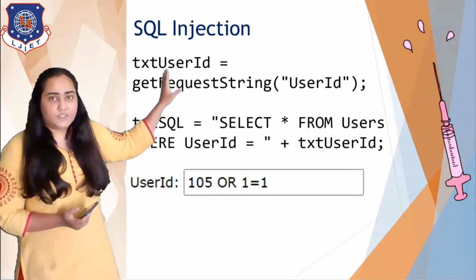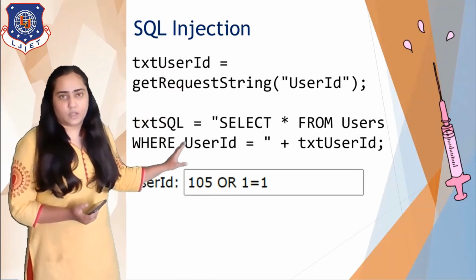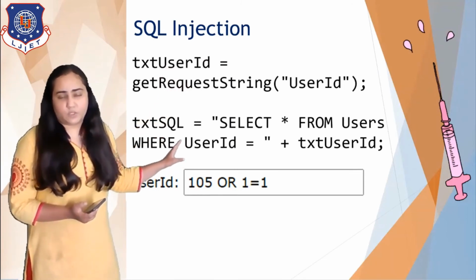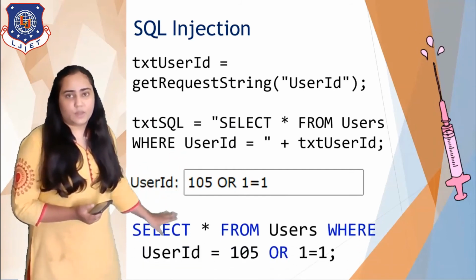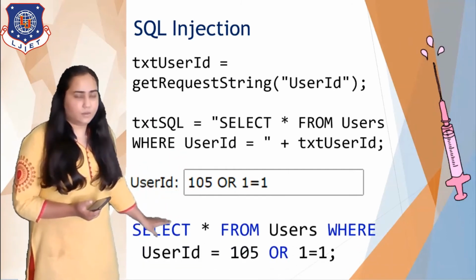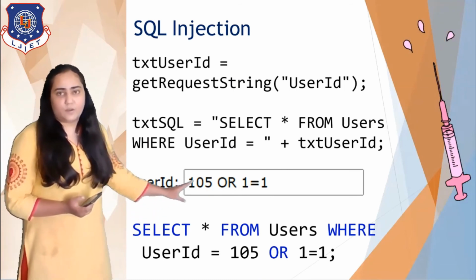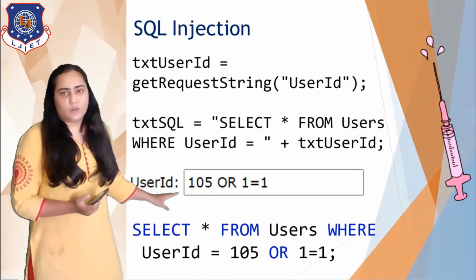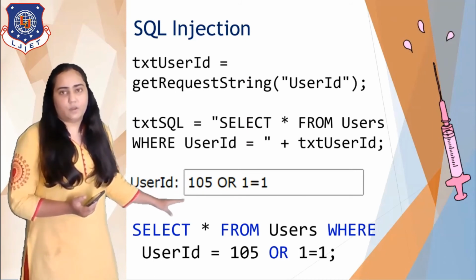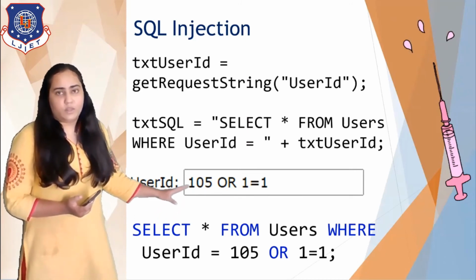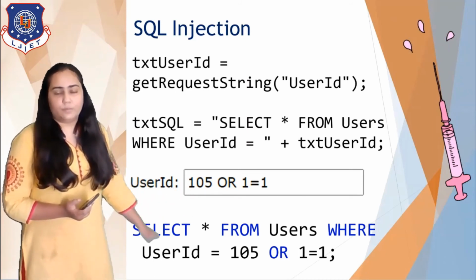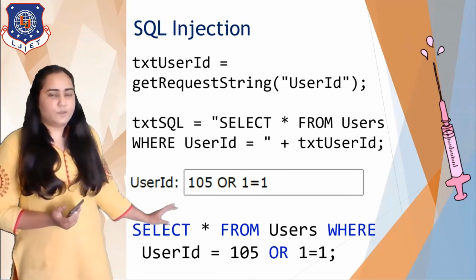And then from the text user ID, it gets stored in the SQL query, which is right here. So your SQL query that's going to run will look something like this. You can see. So it's going to be select star from users where user ID equal to 105 or 1 equal to 1. Now, consider this for a minute.